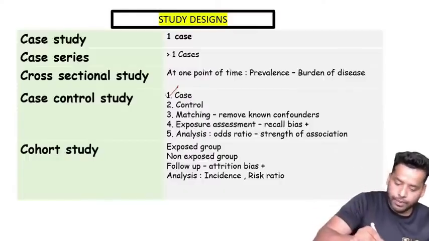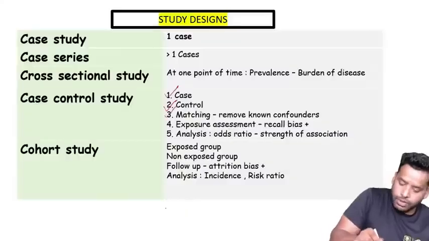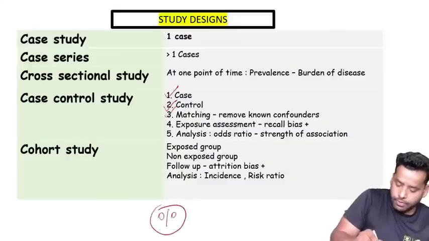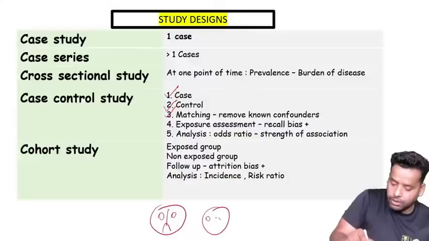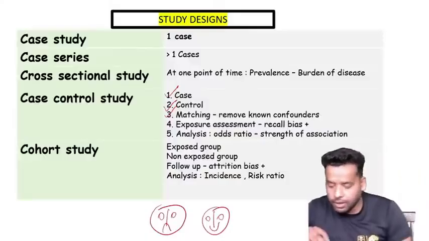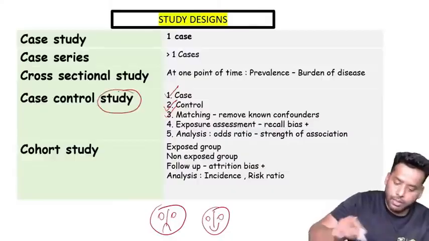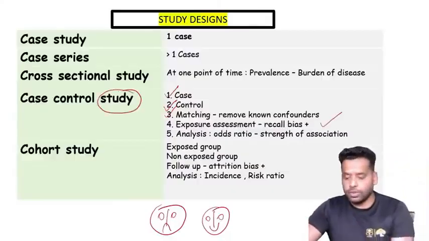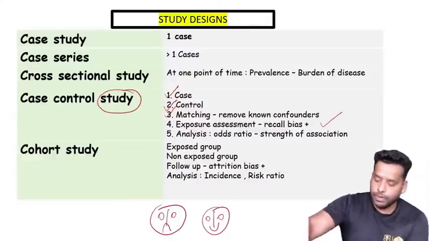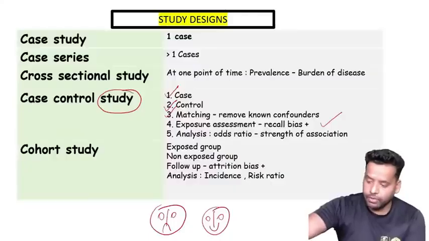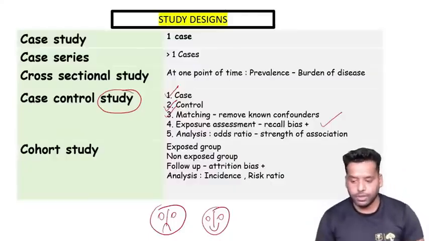After doing matching between two groups, if you take a case, then you take a control, you did matching. What is the next thing you have to do? You have to do a study. Study means we take history of exposure. Tell me true or false.